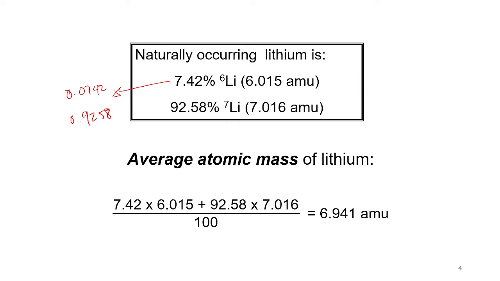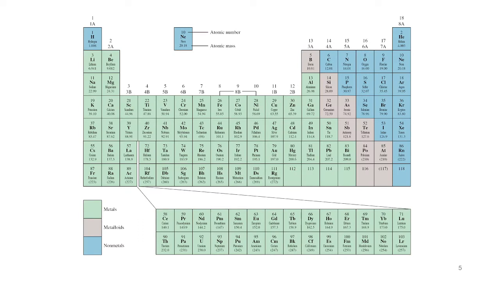And if you check the atomic mass presented in your periodic table of elements for lithium, we have there 6.941. So that is how you calculate the average atomic mass.